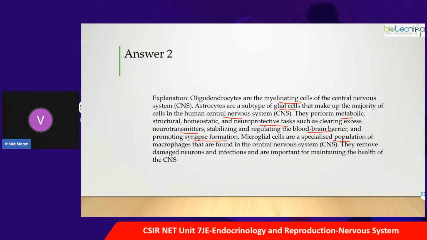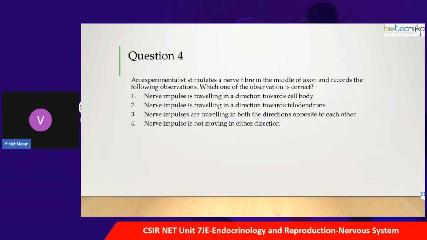Microglial cells are a specialized population of macrophages found in the central nervous system. They remove damaged neurons and infections, and they are important for maintaining the health of the central nervous system. So these are the points that you need to keep in mind.